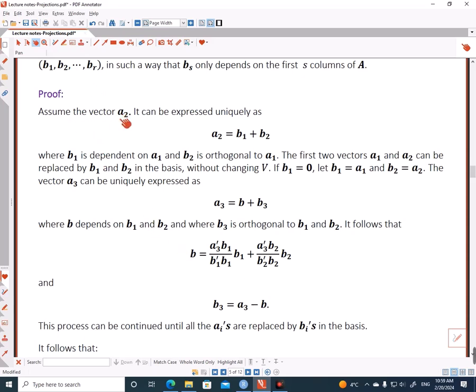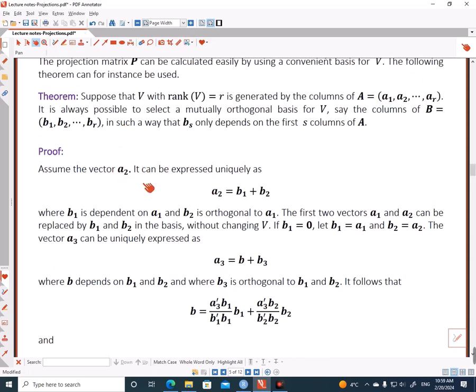Suppose the vector A2 from A is given. From the first theorem, we can write A2 as the sum of B1 plus B2, or better said, we express it uniquely.